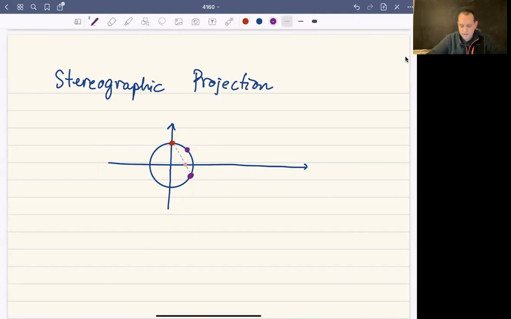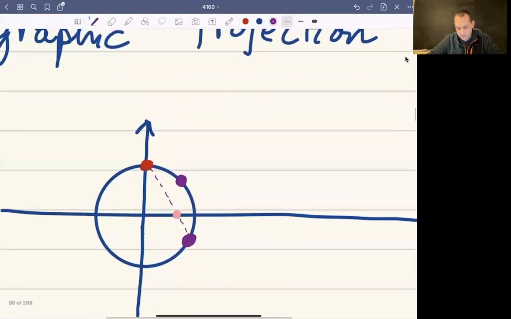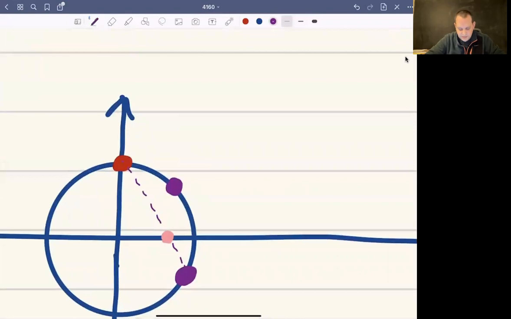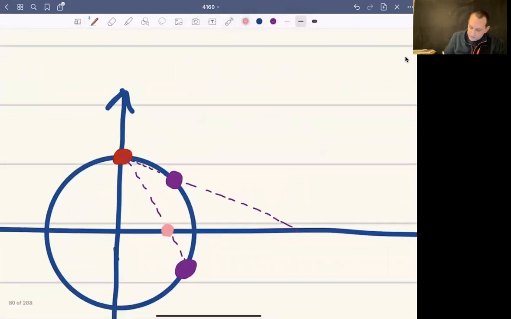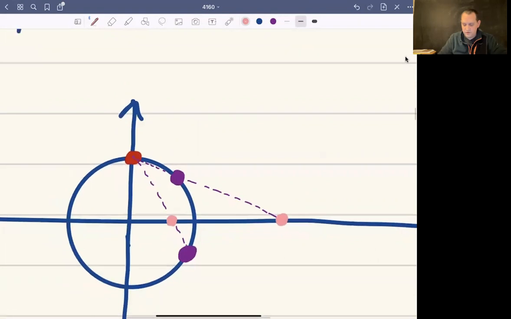Your line segment is still going to go below the circle here. But it's going to project all the way over here. And so your projection point is going to be somewhere over here.